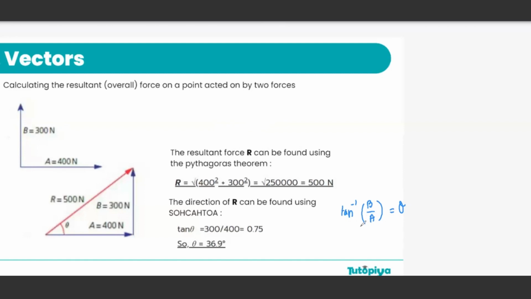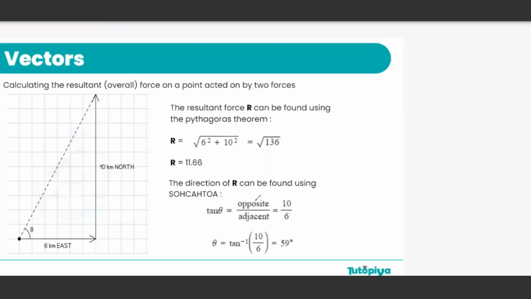In this case, theta is equal to tan inverse 300 over 400. This gives theta as 36.9 degrees.